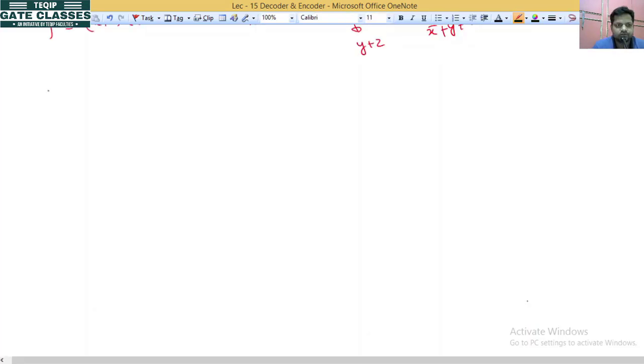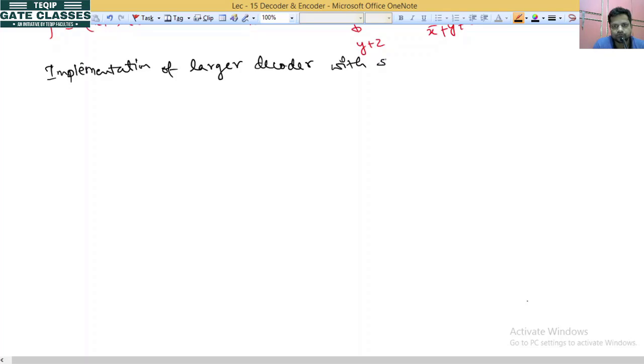So our next concept is implementation of larger decoder with smaller decoder.